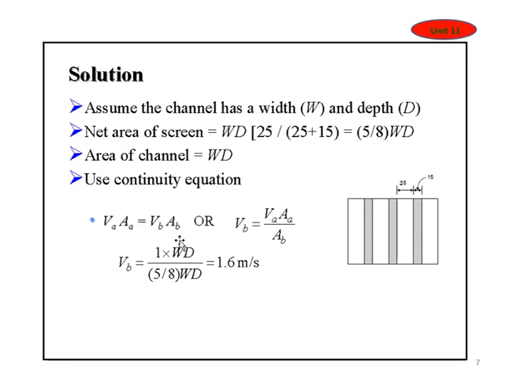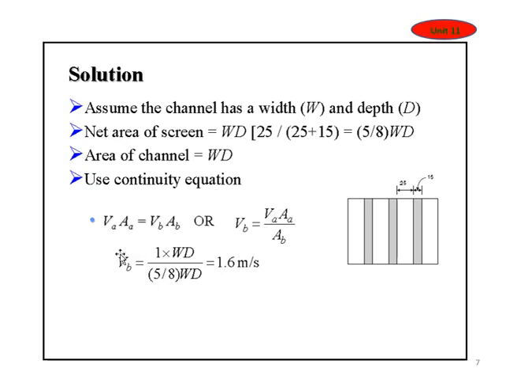So if I apply the continuity equation before the bar and between the bar, VA is the approaching velocity, area A is the area of this section, which is W into D without bar, and VB is the velocity between the bars which we want to calculate, and AB is the area between the bars opening. This is this one, right? So if I put all these values, this WD will cancel out, I will get the VB. So I got the velocity between the bars.